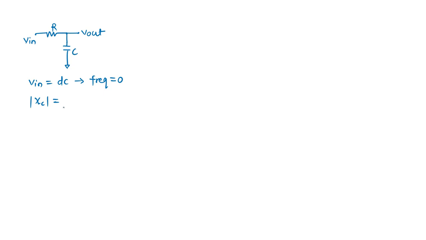It is 1 upon sC, which in terms of magnitude is 1 upon omega C. So omega is 0, frequency 0, magnitude is infinite. Infinite means it is open, that you all know.